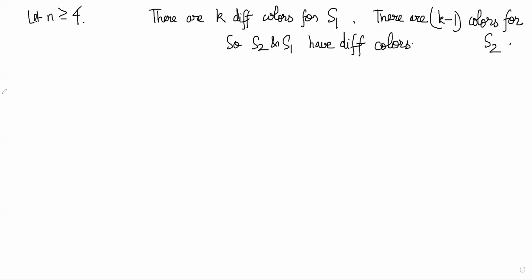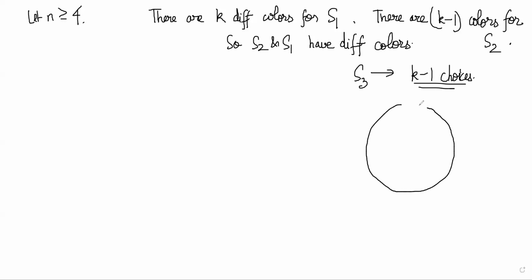Correct. So how many choices does S3 have? For S3, you will realize that there are k minus 1 choices. Why k minus 1 choices? Because S3 is in the middle. This was S1, S2, S3. Since n is greater than or equal to 4, there is at least S4 here.